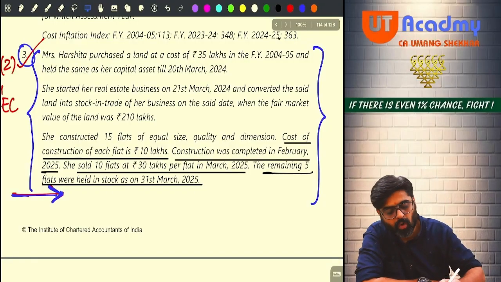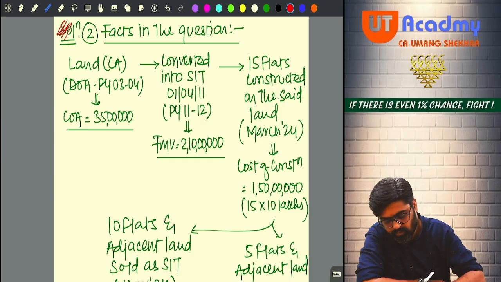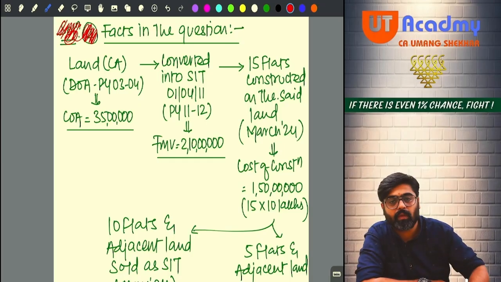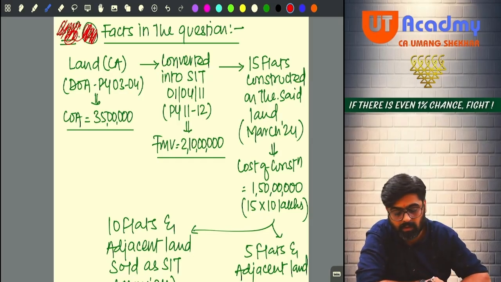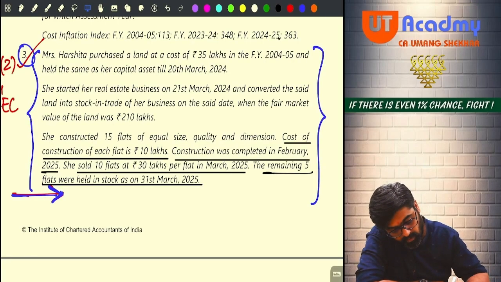So this entire question, question number 3. See, what happened in this question, I will explain. It's not solution 2. This is 3. Okay. What are the facts of the question? First we'll understand. There was a land which you acquired in previous year 2004-5. Okay.